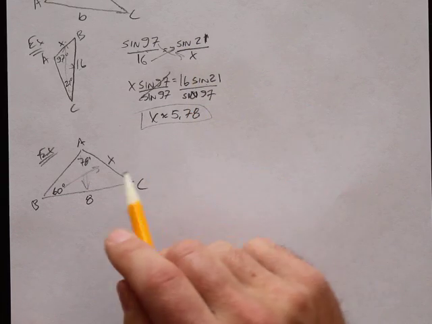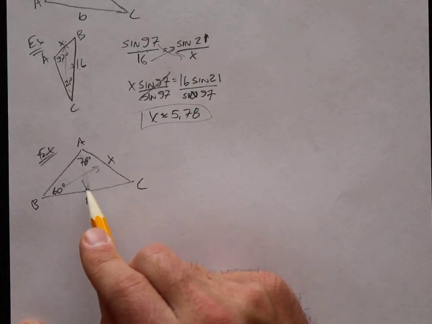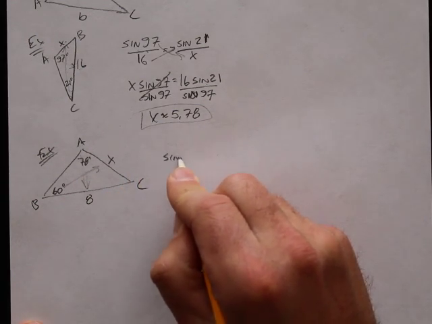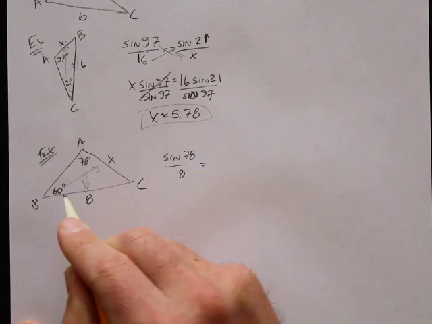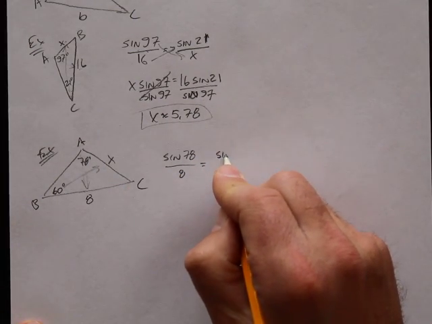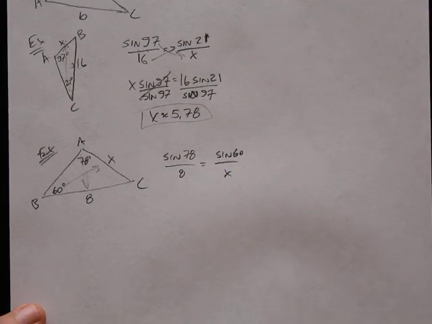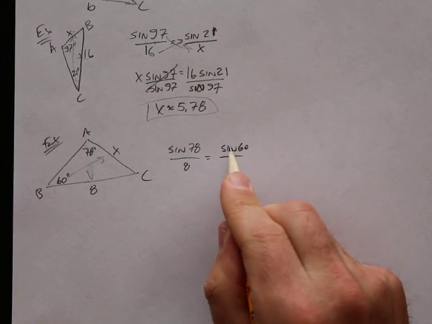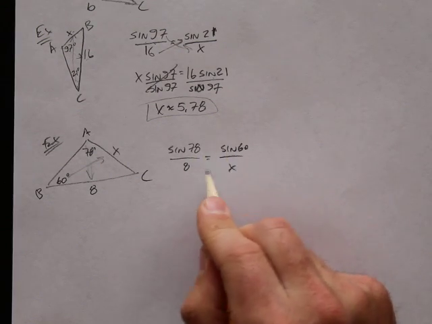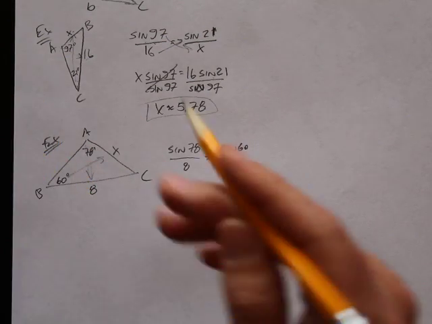Same idea. So let's go sine of 78 over 8 equals the sine of 60 over x. Now this time I'm going to find these values before I start doing all of this mess, just to do it a little bit differently so you can see it.